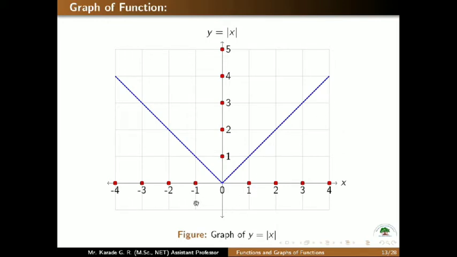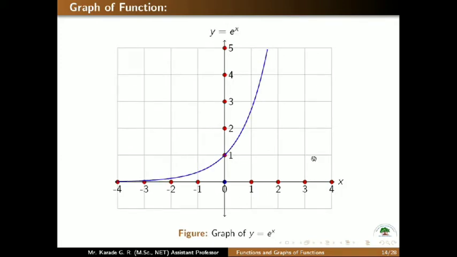Similarly, on the left hand side of the y-axis, as the values of x increase, the values of the function go on decreasing. So in this part the graph of the function is a decreasing graph. And at x equal to 0 the function has value 0. So this is our mod x function and its graph.